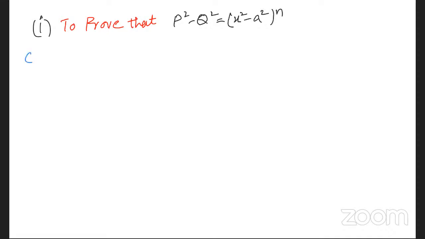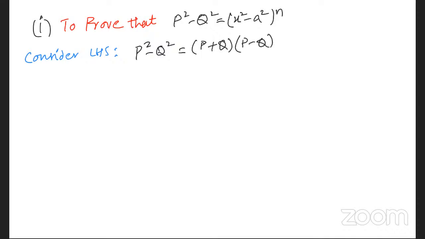Consider LHS. We have p square minus q square, which can be written as p plus q into p minus q. p plus q is nothing but x plus a whole to the power of n into x minus a whole to the power of n.